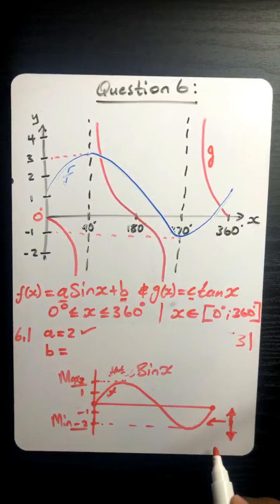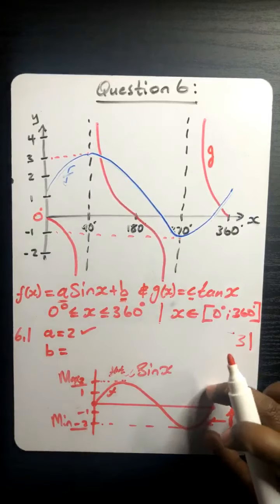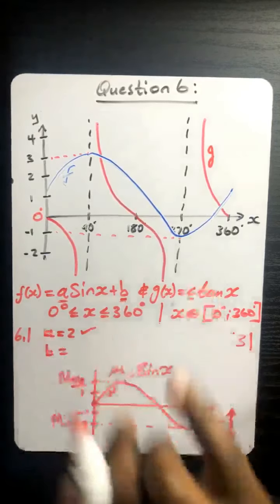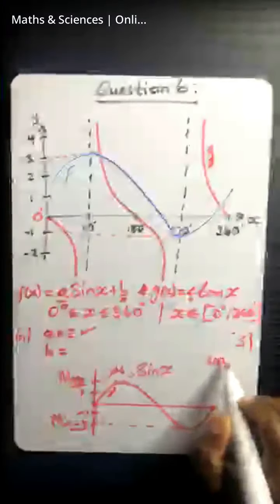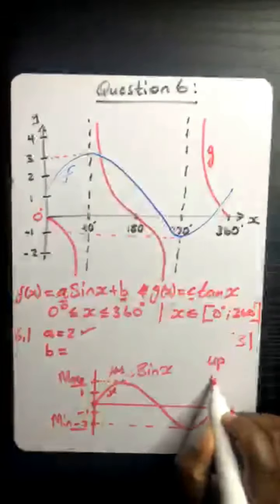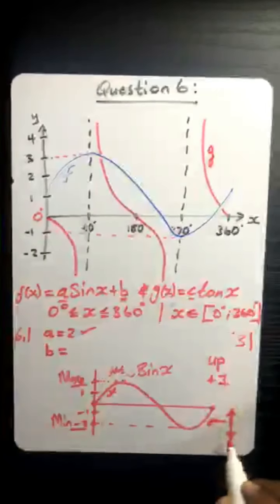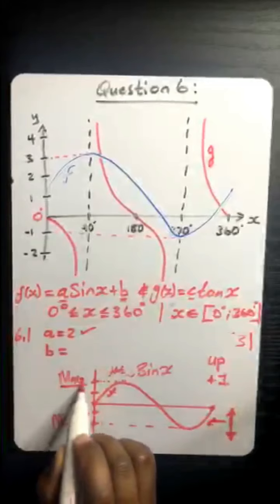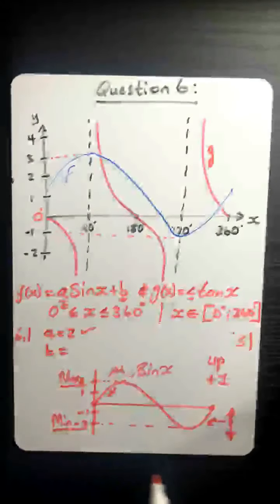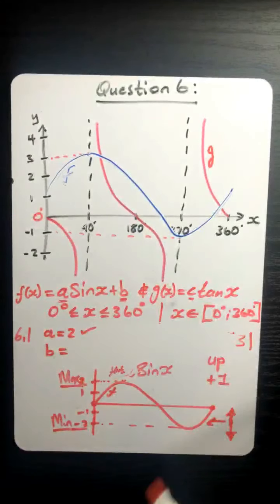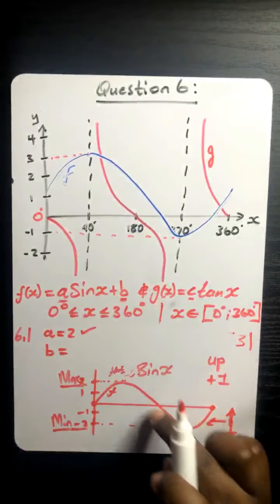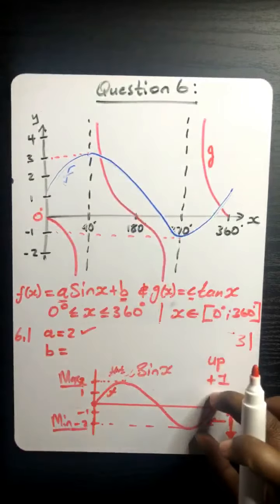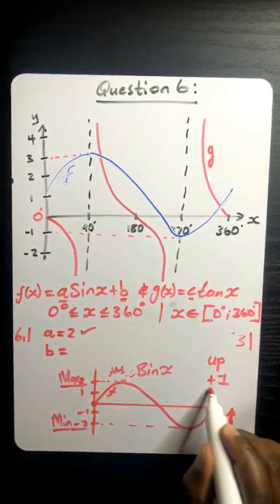But now, if you shift it upwards by 1 unit, that means the maximum value and the minimum value are going to change. What will the maximum value be if we shift this thing exactly as it is, just upwards by 1 unit?